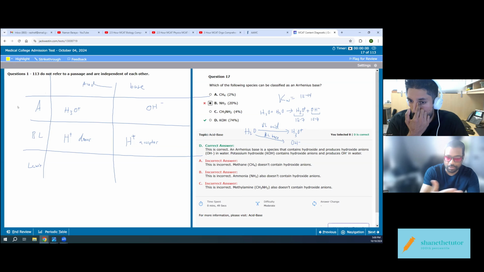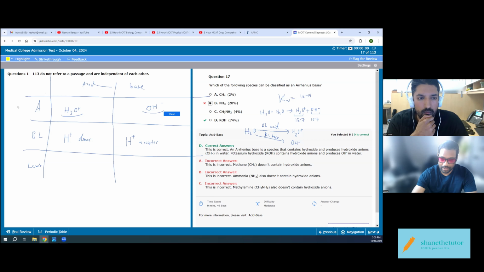So if you took water and exposed it to a Bronsted-Lowry acid, the acid would donate a proton to the water to give you hydronium. The Bronsted-Lowry base would accept a proton from water, which means the water loses a proton and that'll give you the OH minus. And that's what these things are, right?